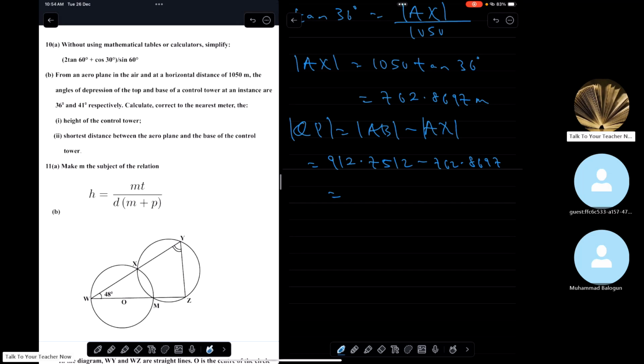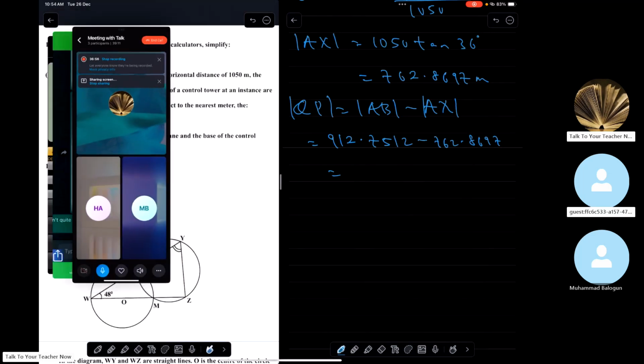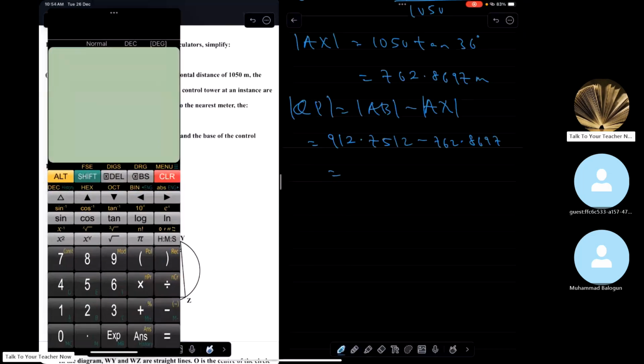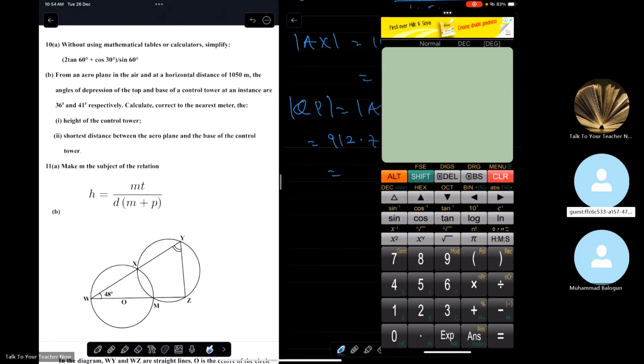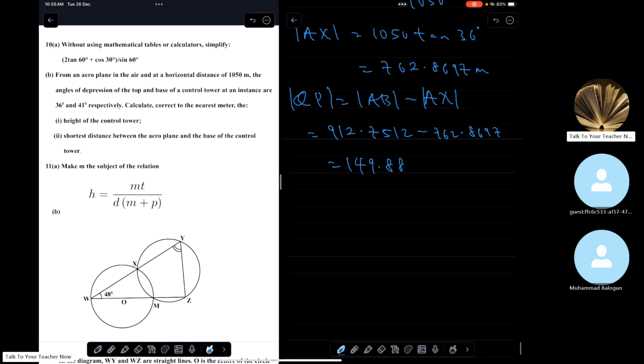Do the subtraction and give us the answer. And that's 149.88. What do they say we should do? We should leave the answer to the nearest meter. So what's it to the nearest meter?